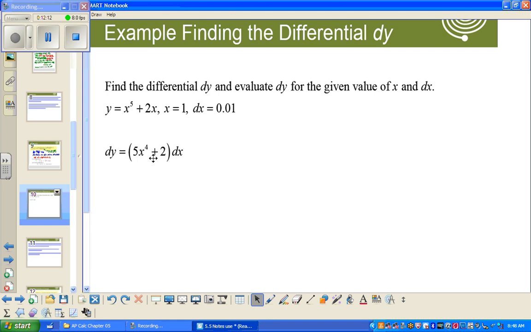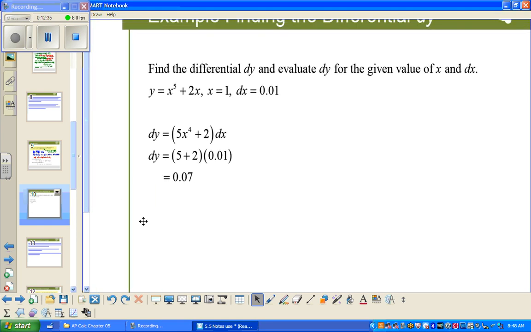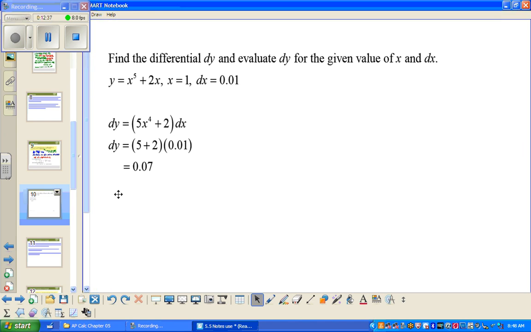Now, if they give you an x value and a dx value, you just plug those in for x and dx, and you have what dy is at x equals 1, and that change in x is just 0.01. Then you find that value is, your change in y is going to be 0.07. Okay, so with that said, that's all you have to do when you're asked that type of question.